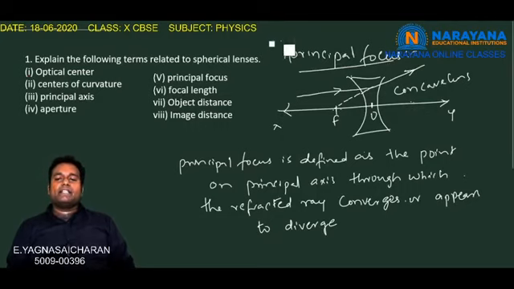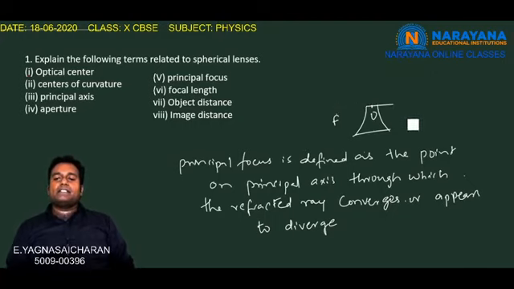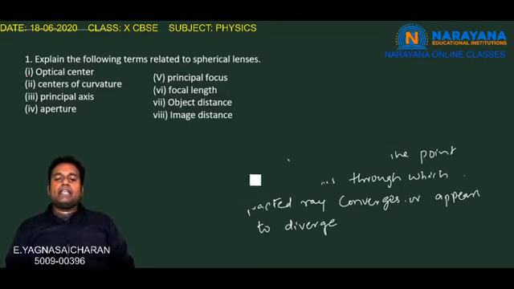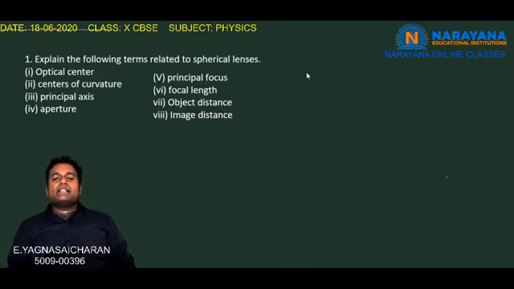So let us see what is the next one, focal length. So focal length is the distance from principal focus to the optical center. So in ray optics, every distance is calculated from the optic center or optical center. So let us consider this is the convex lens and it is the optical center, and here is the principal focus. So the distance from optical center to the principal focus is known as the focal length.